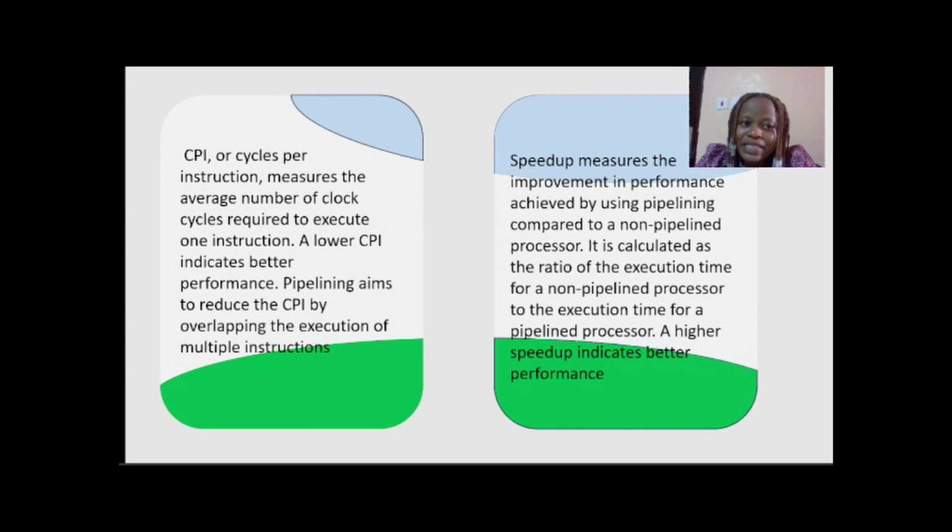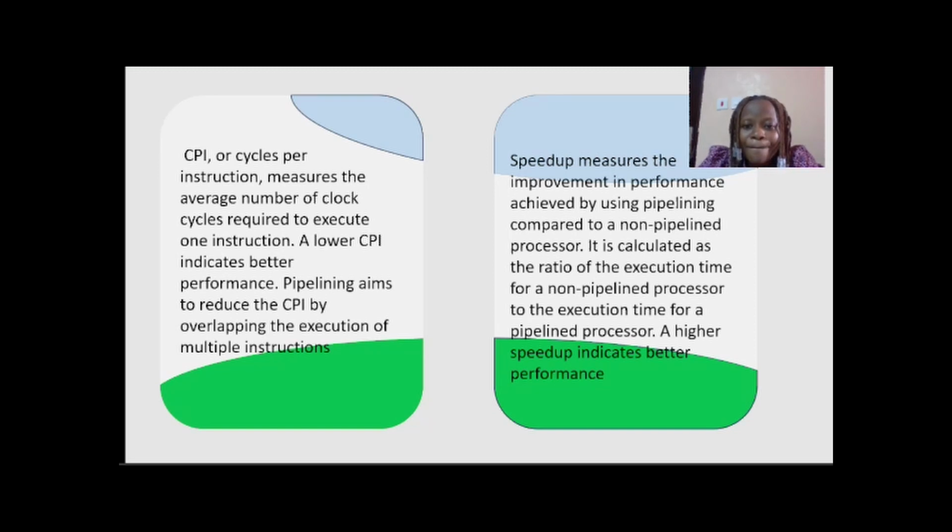So we have the CPI, or clock cycles per instruction. This measures the average number of clock cycles required to execute one instruction. A lower CPI indicates better performance. Pipelining aims to reduce the CPI by overlapping the execution of multiple instructions.